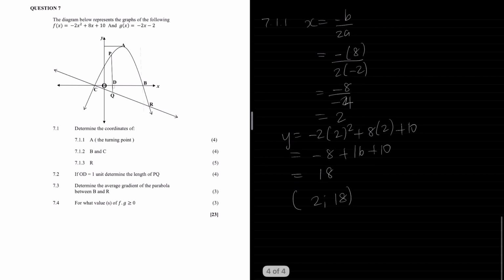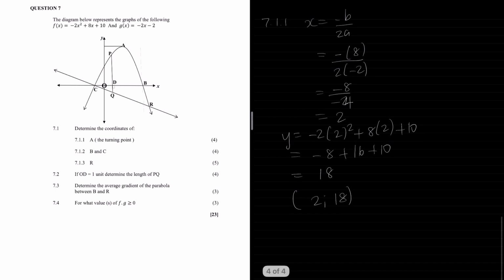And so the y value is then going to be minus 2 times 2 squared plus 8 times 2 plus 10. That is 2 times 4, which is 8, so negative 8, plus 16 plus 10, and that's 18. So the coordinate would be 2 and 18.